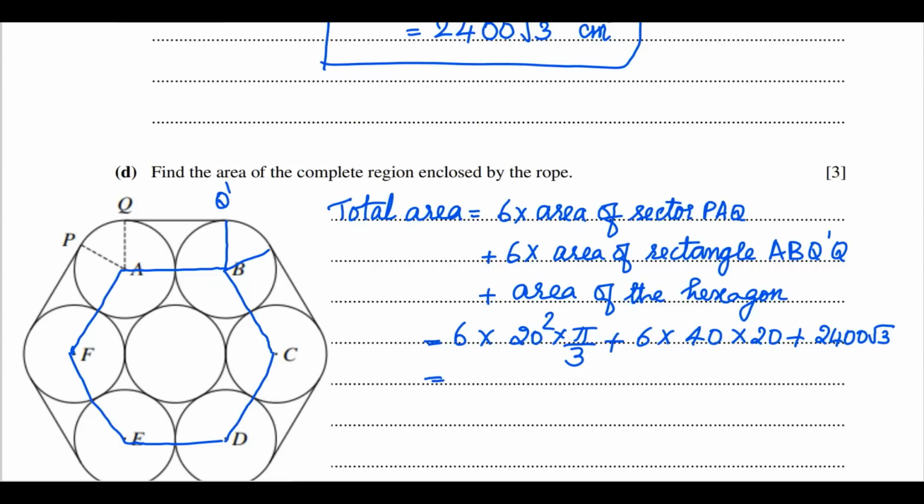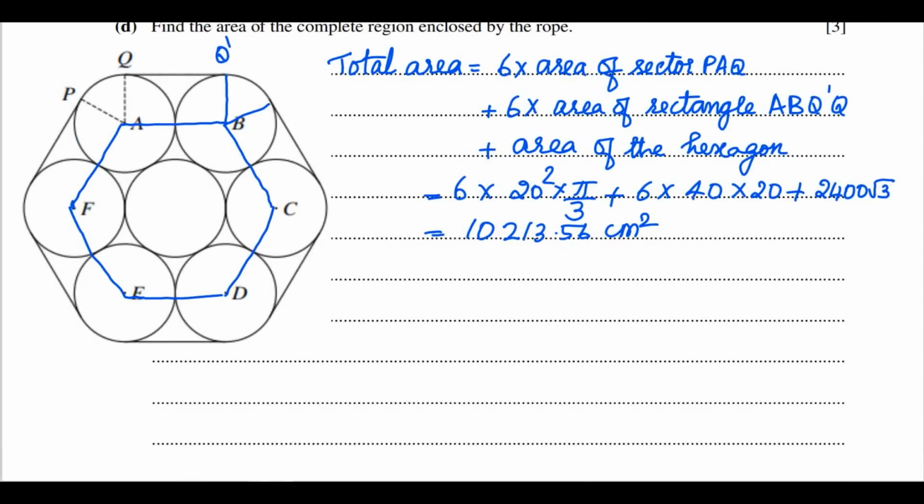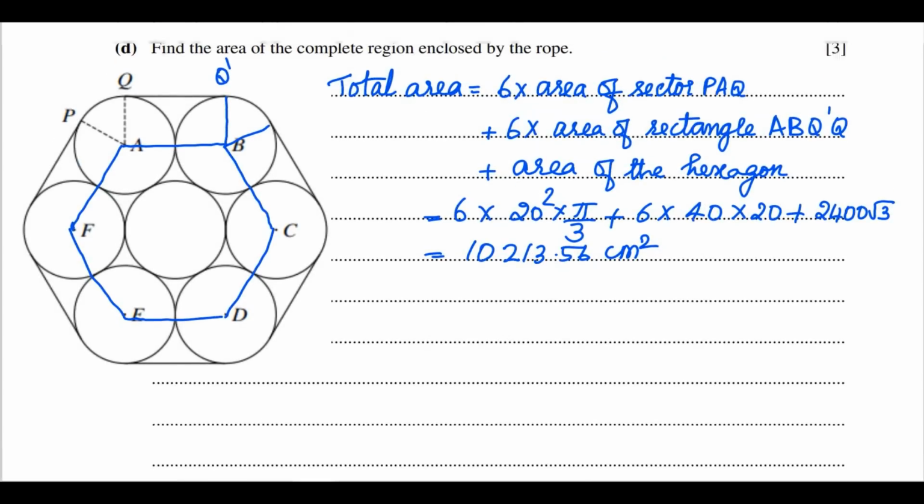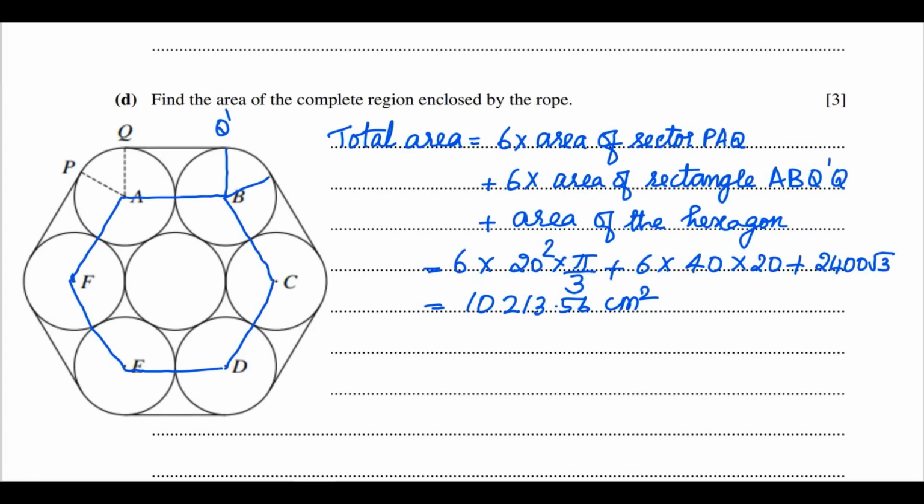So on simplification, this gives 10213.56 centimeter square. Okay. So this is approximately 10200 centimeter square to 2 significant figures.